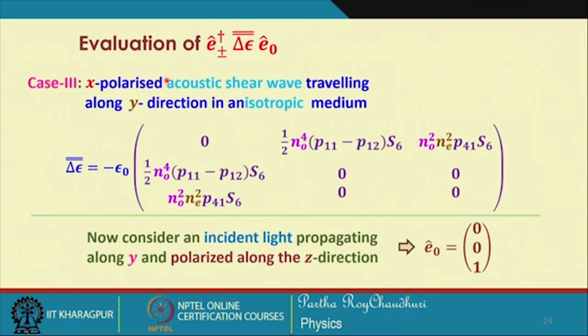Both the acoustic wave and the optical wave are travelling in the same direction. The diffracted beam may be in the minus y direction if it is minus order contradirectional coupling, but it will be travelling in the plus y direction if it is codirectional coupling.